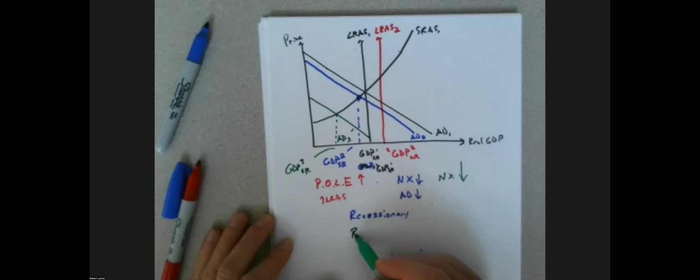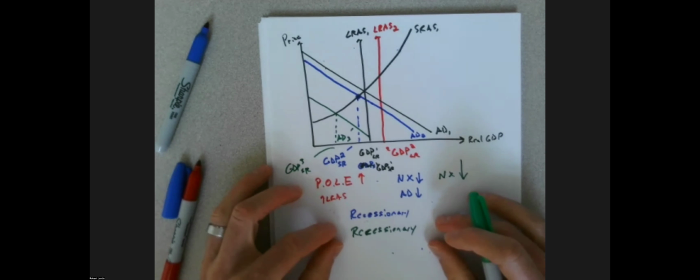In either scenario, it's too low. I still would have a recessionary gap. So when aggregate demand shifts and long run aggregate supply shifts work in opposite directions, we always know what's going to happen. In my earlier example, when they work in the same direction, the relative size of those changes matters.